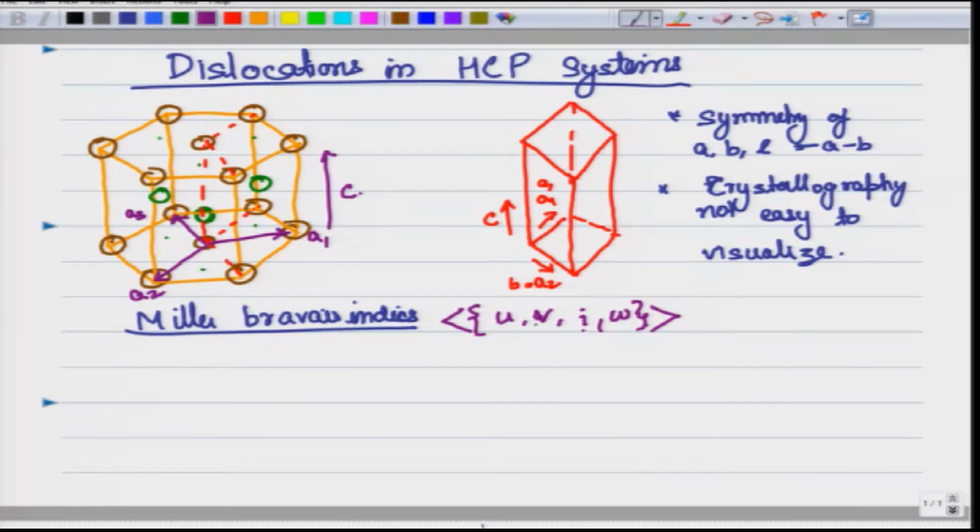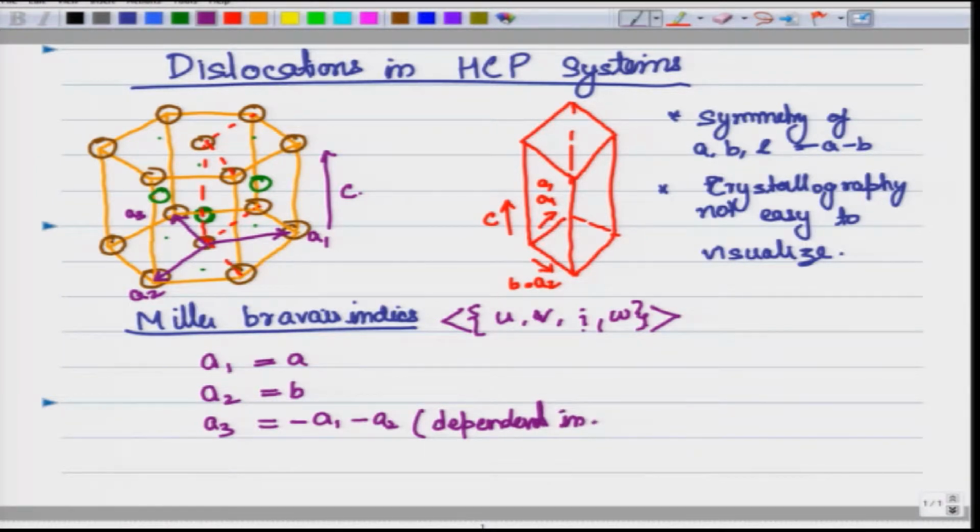It is dependent on U and V, as we will see in just a moment. There are 3 lattice indices A1, A2, A3, and A1 is equal to A, A2 is equal to B, and A3 is not independent; it is equal to minus A1 minus A2. So it is a dependent index.